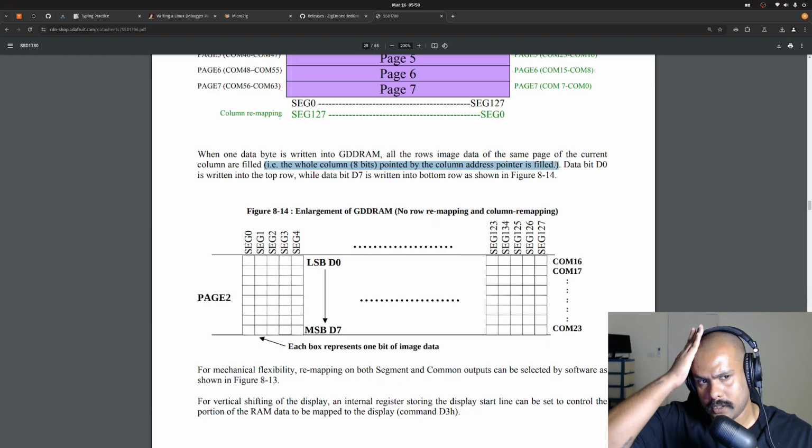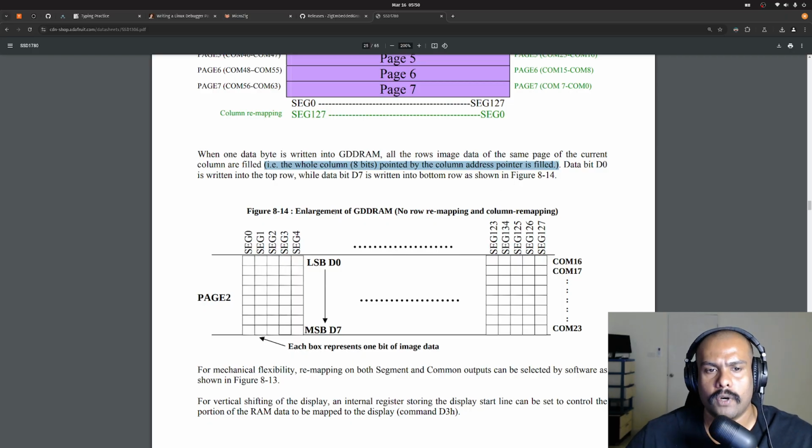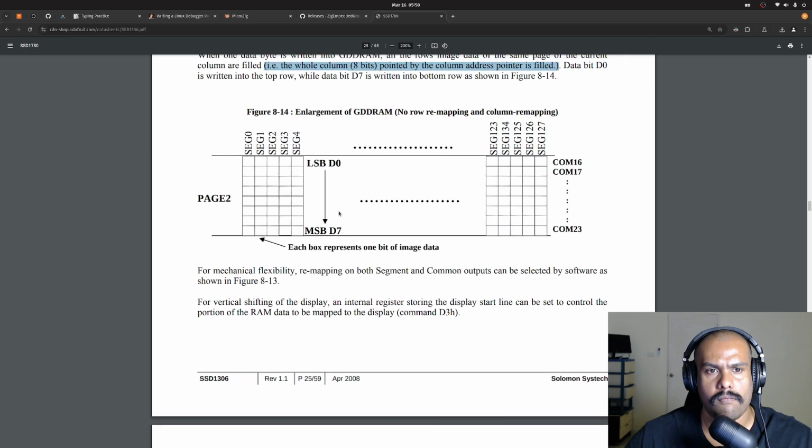Data bit D0 is written into top row, while data bit D7 is written into the bottom row, as shown in this figure.